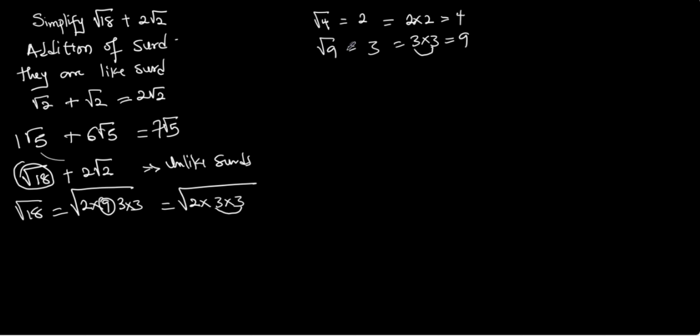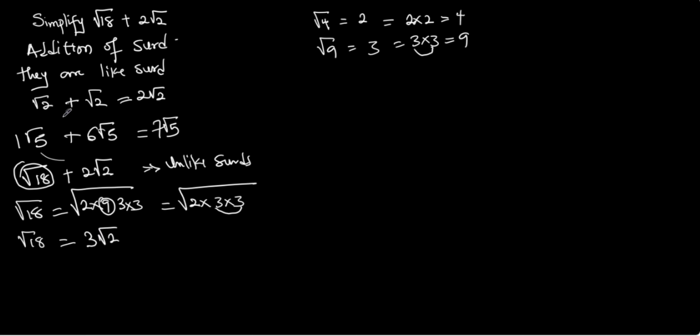The square root of 9 is 3. So one of them is the square root of a number. So the square root of 18 now is equal to, these 2 threes become one number, no longer in the square root, that is 3, root, we have 2 in the roots. So root 18 is 3 root 2.